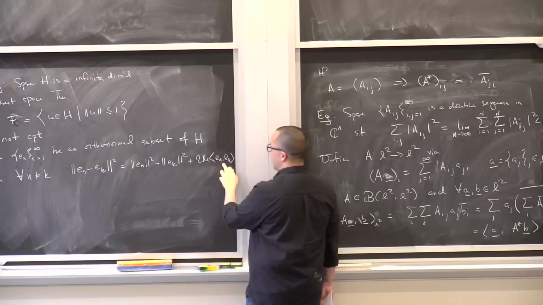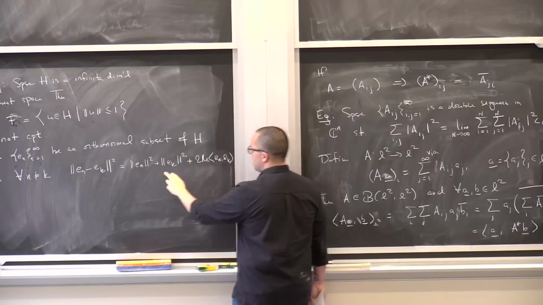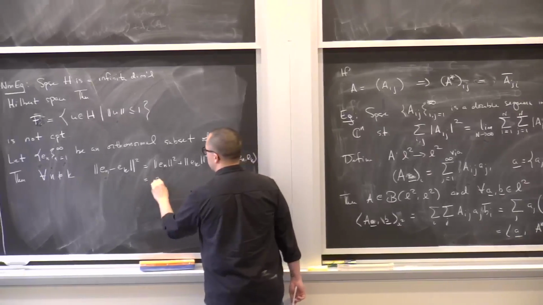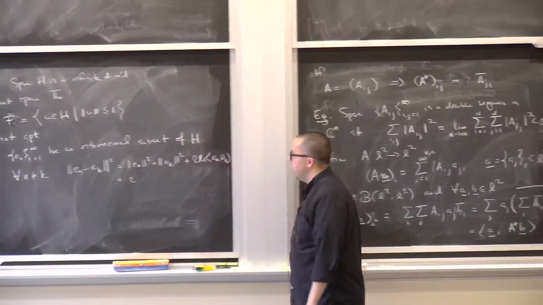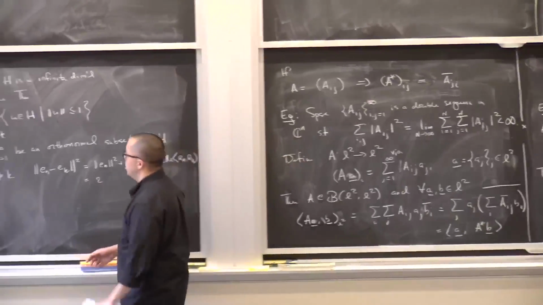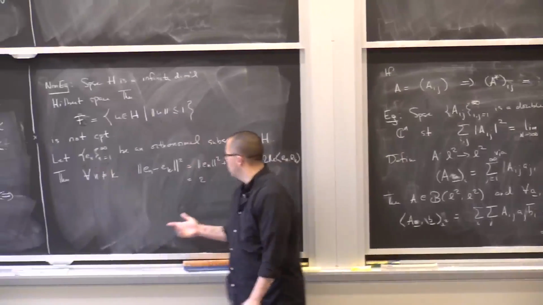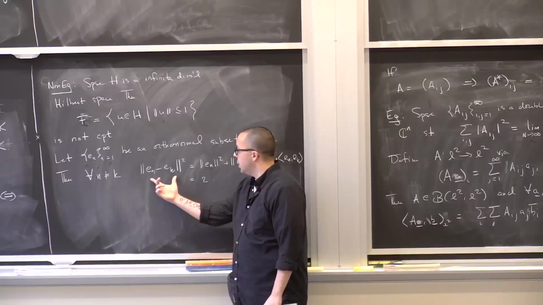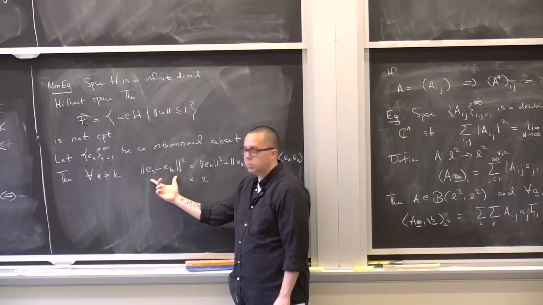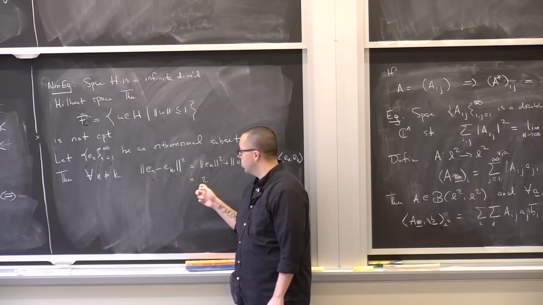Since they're orthogonal, this is 0, and since they're normalized to 1, this is equal to 2. So for any two distinct elements in the sequence, the distance between them is the square root of 2.